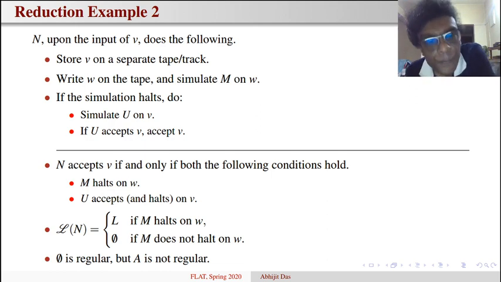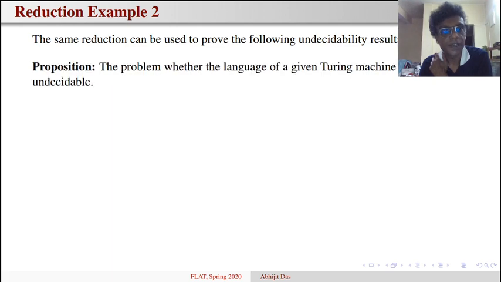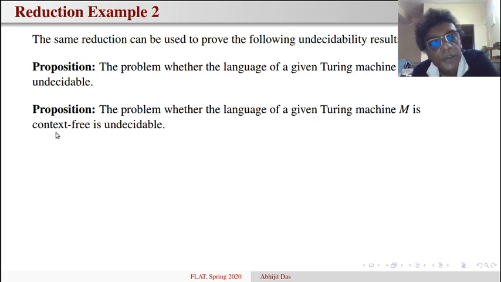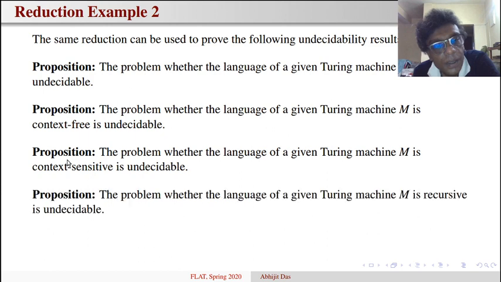Therefore, the same reduction example can be used to prove the following undecidability results. That is, the problem whether the language of a given Turing machine is finite. Of course, we have proved it in another way, but this is also fine. We can use this example too. Whether M accepts a context-free language, that's also undecidable. A context-sensitive language, that is also undecidable. A recursive language, that is undecidable. Using the same reduction, we can prove all these four propositions.